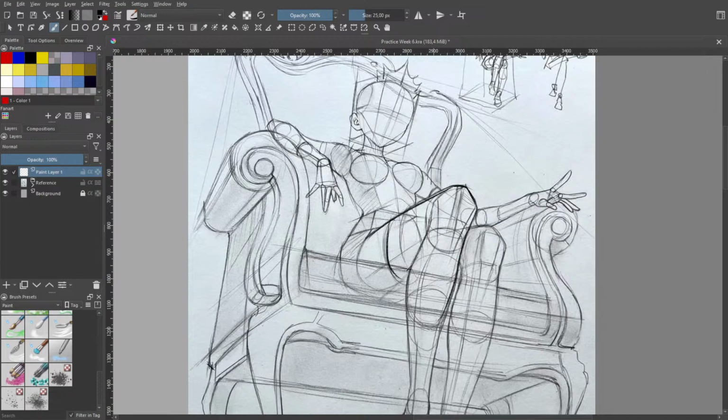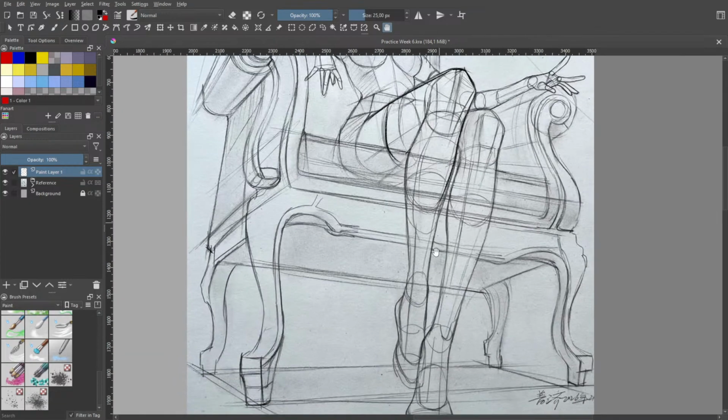Can't deny it. It's showing the legs, very nice. Very nice indeed. I especially like this negative space here, or just the C curve, basically.